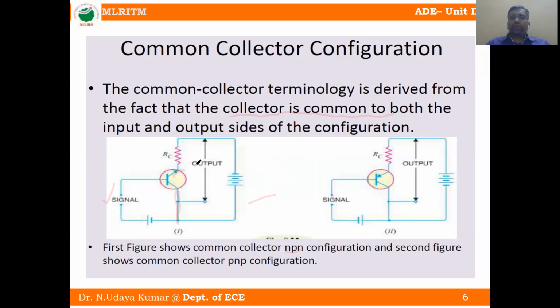That's why we name it common collector configuration or grounded collector configuration. It is not mentioned here, but it is ground. Any circuit must already have a ground to operate. Here the collector terminal is ground.